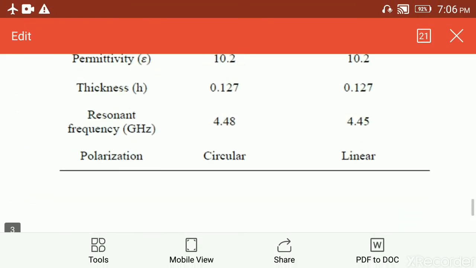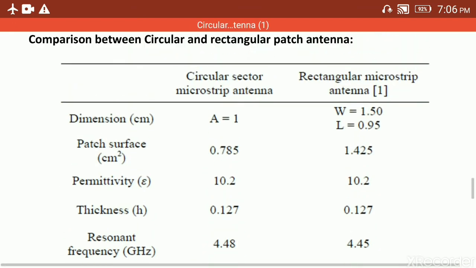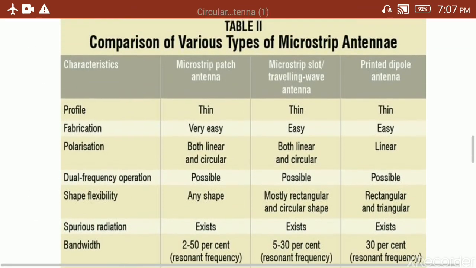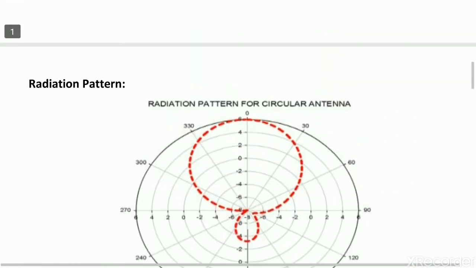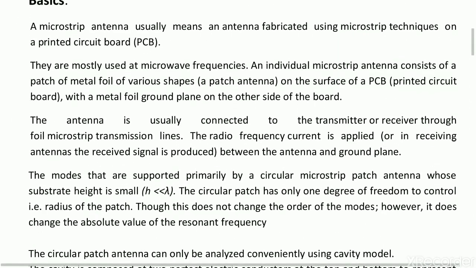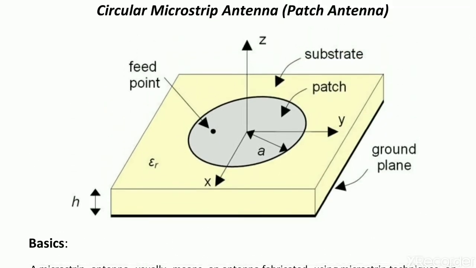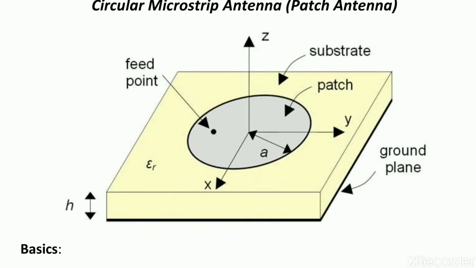I will show you again. So you can see the black dot is nothing but the probe feed mechanism. But what happens in the probe feed? The inner conductor of the coaxial connector extends through the dielectric and is soldered to the radiating patch.